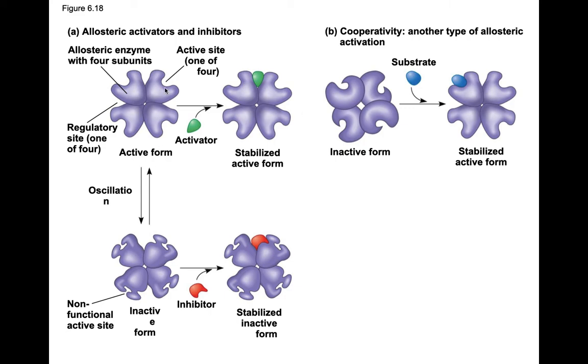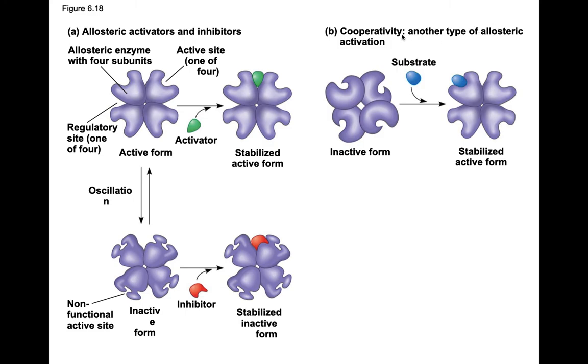So for example, we can have an allosteric enzyme with 4 different subunits, and an activator binds to a part of the protein and it becomes stabilized as an active form, which allows for the substrate to then sort of come in and activate.